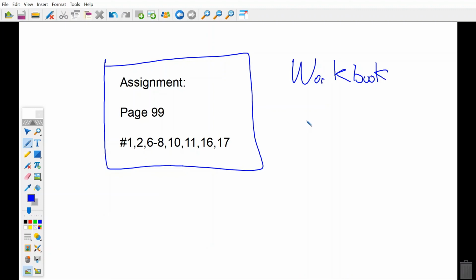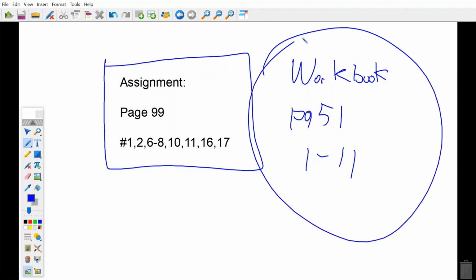Your workbook is page 51. That's 1 to 11. Okay? Start with the workbook and then do the textbook ones as extra practice.